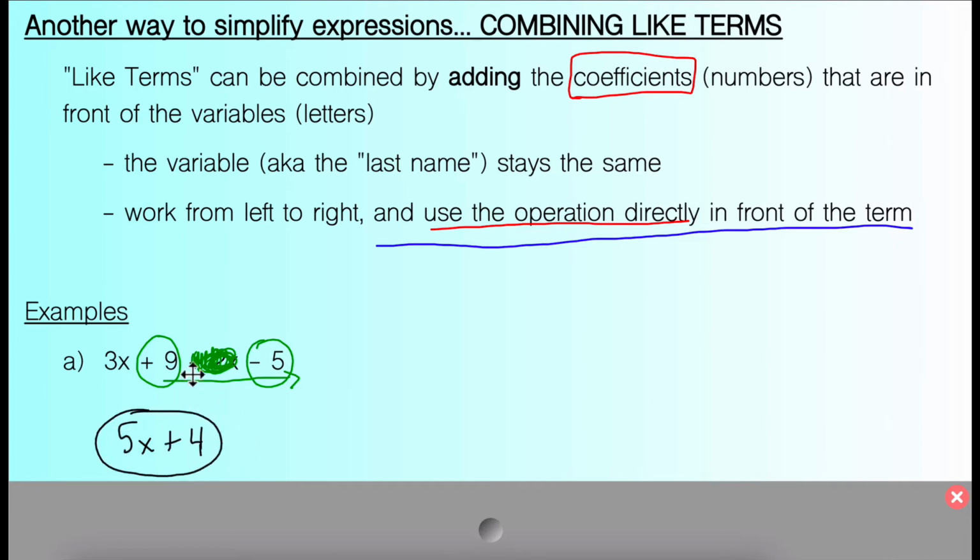And this new expression that we have formed is equivalent to the original expression. 3x plus 9 plus 2x minus 5 is the same exact thing as 5x plus 4. Both of these expressions mean the same exact thing.